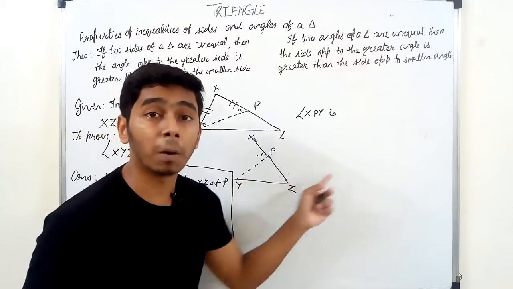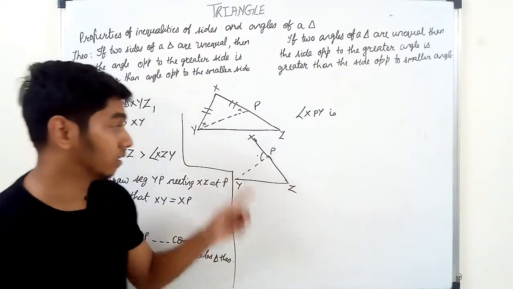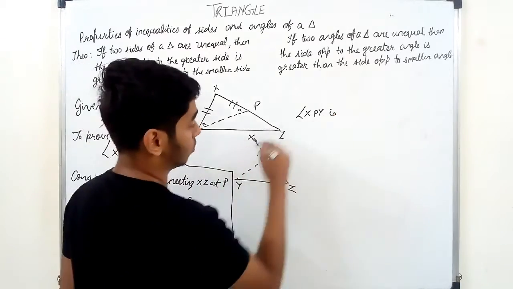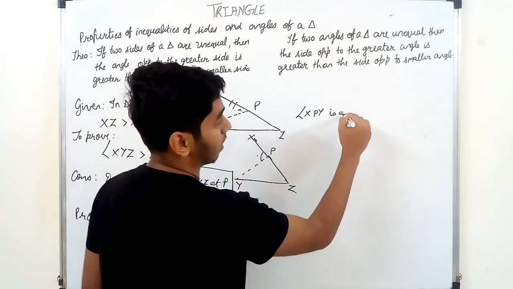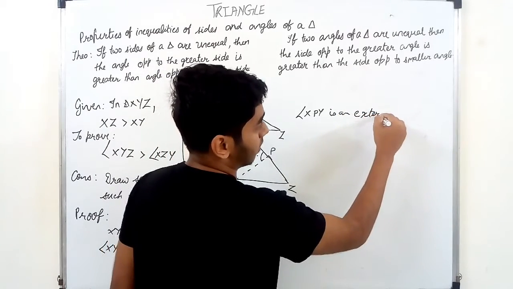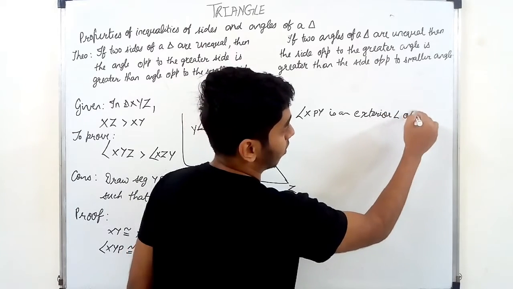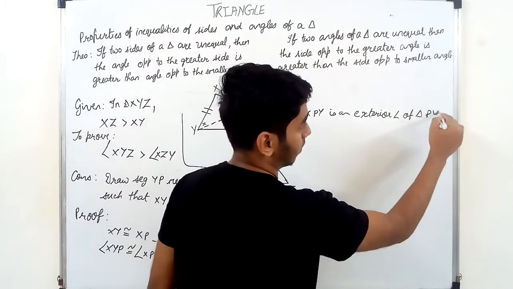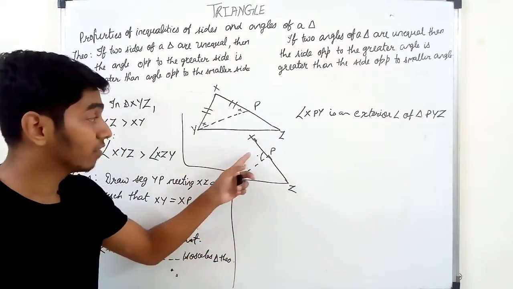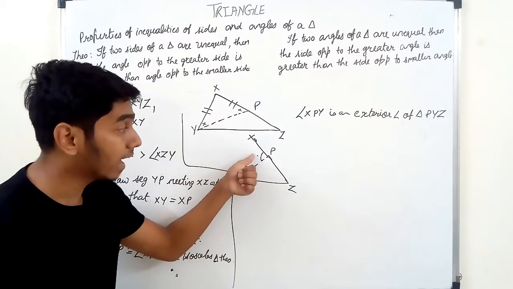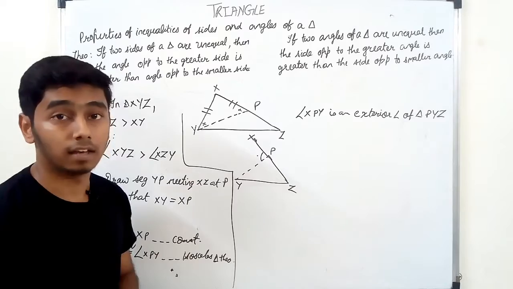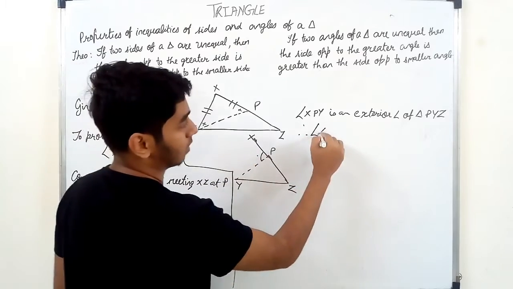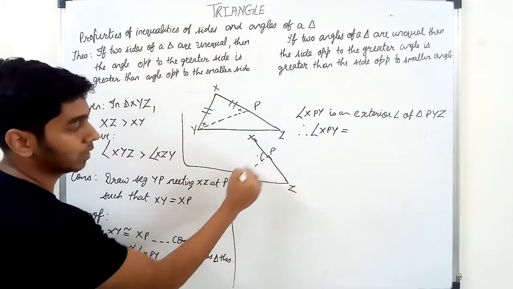So if you don't remember exterior angle, go check out the video on exterior angle, which has already been uploaded. So angle XPY is an exterior angle of triangle PYZ, correct? Therefore, if this is an exterior angle, can we say that exterior angle is equal to the sum of the remote interior angles? Yes or no? Therefore, we can say angle XPY is equal to PYZ.